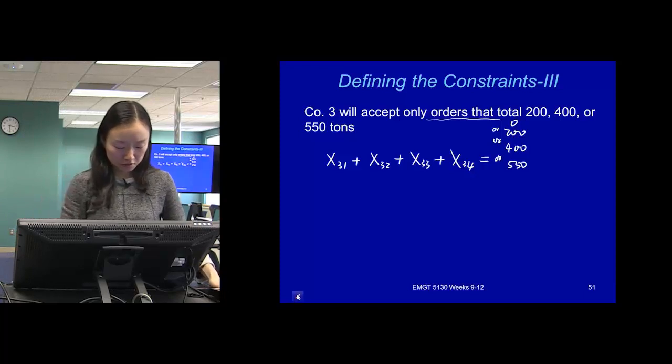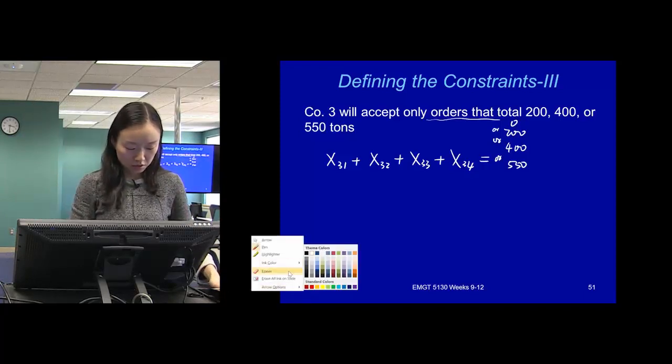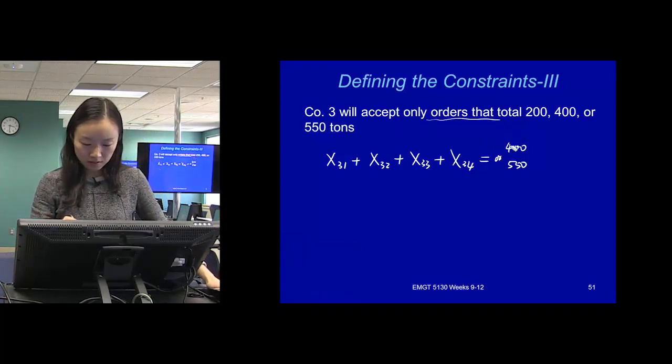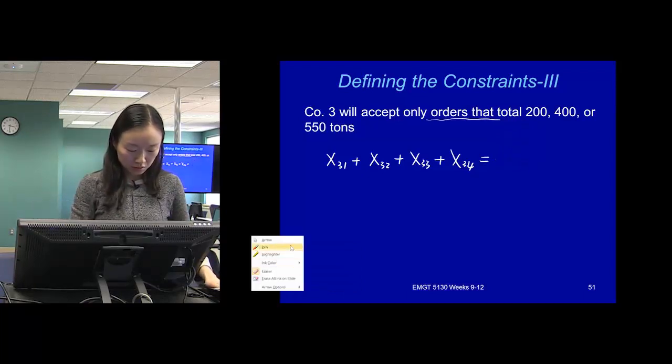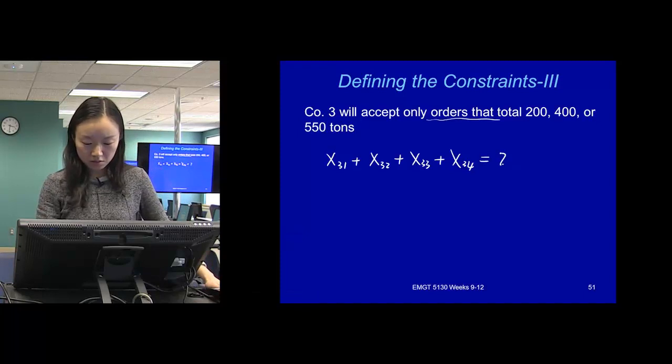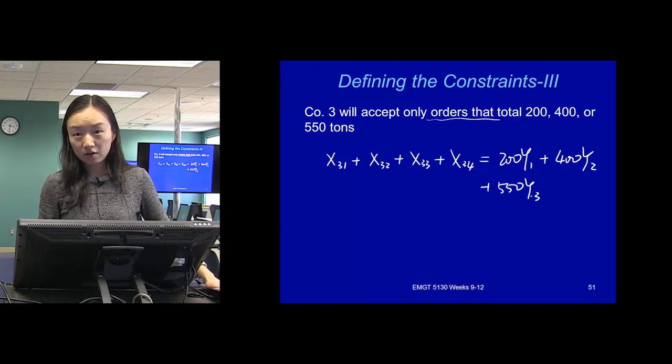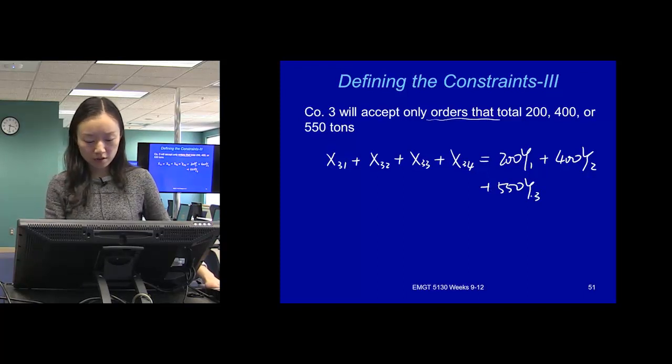So what's the solution? 200 y1 plus 400 y2 plus 550 y3, and you choose one of them, right?